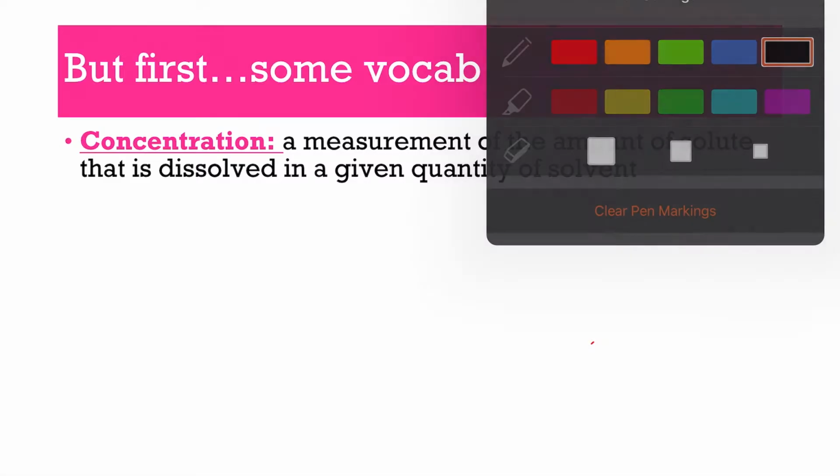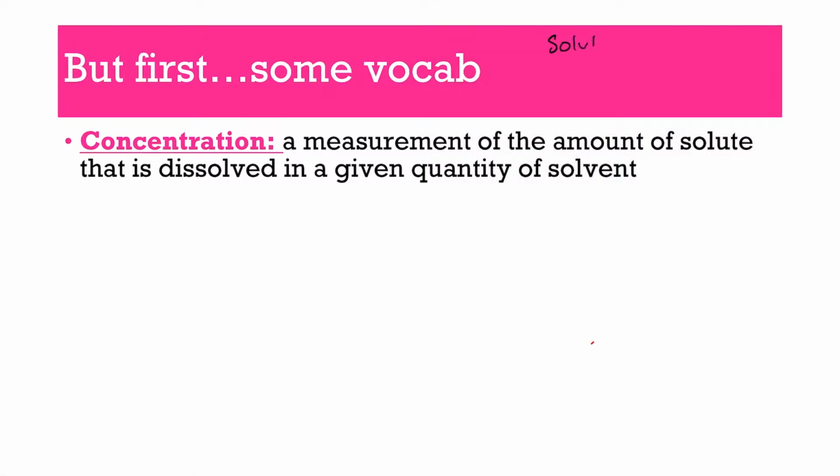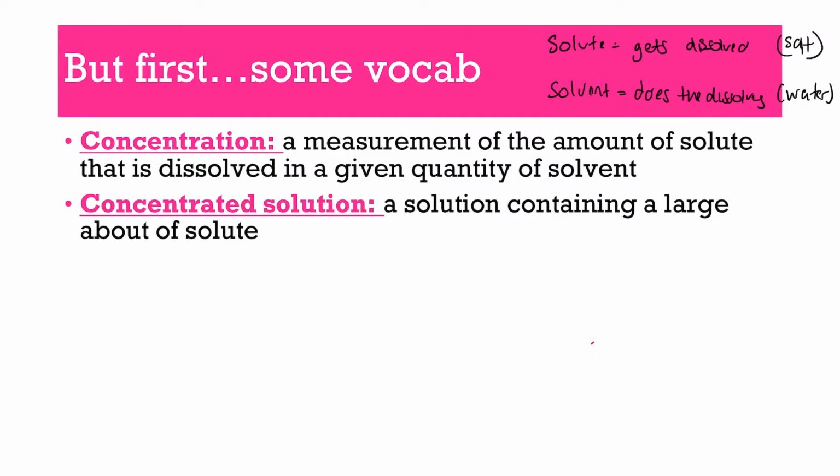So just a quick recap, solute gets dissolved and solvent does the dissolving. If we were thinking about salt and water, we can say the salt is a solute and the water is your solvent. So that's concentration.